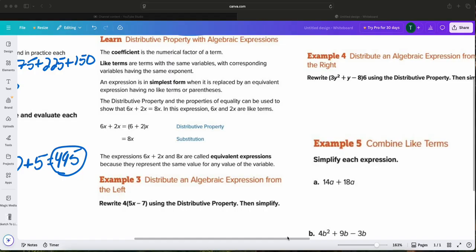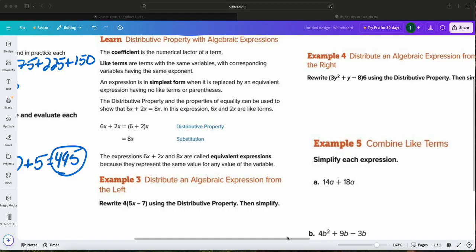The distributive property and the properties of equality can be used to show that 6x plus 2x equals 8x. In this expression, 6x and 2x are like terms because they both have an x to the power of 1. So we have 6x plus 2x equals (6 plus 2) x.